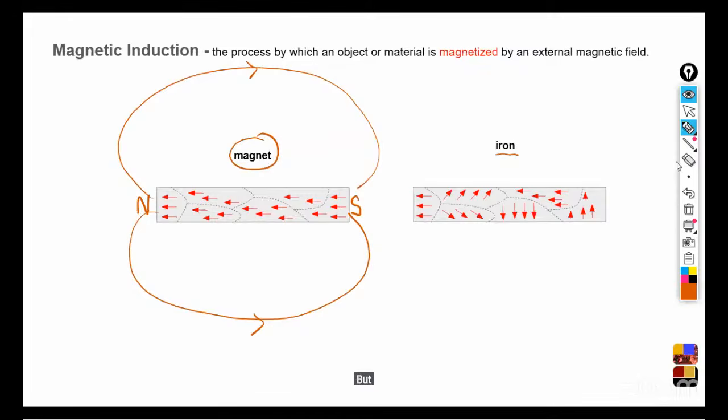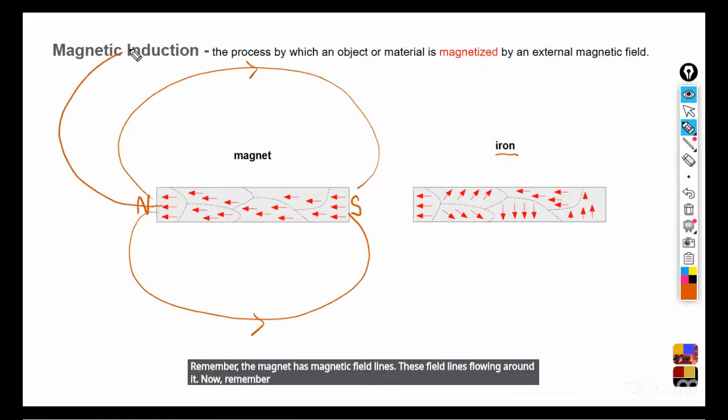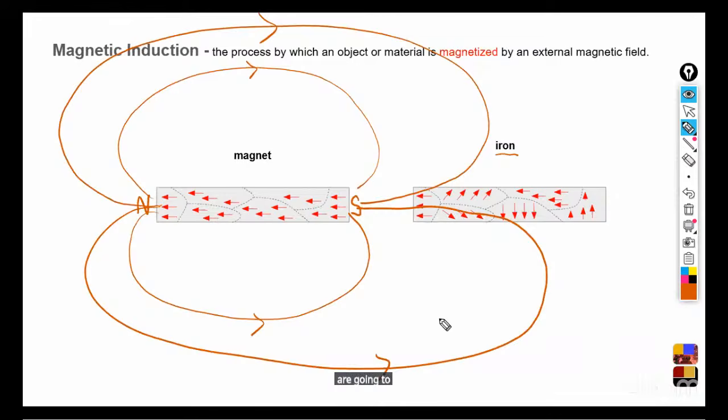But here's what the magnet does. Remember, the magnet has magnetic field lines flowing around it. Now remember, it has billions of them. So eventually some of these field lines are going to cross, or interact with, the iron.